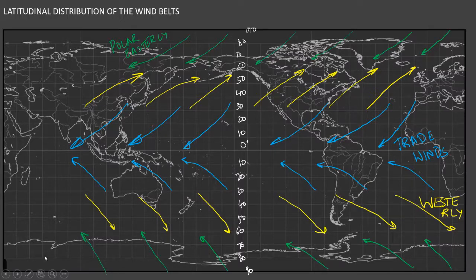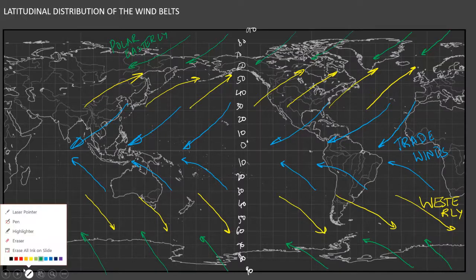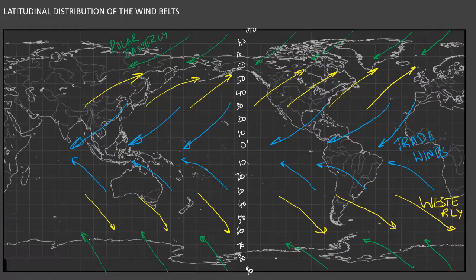Now, if I am to ask you this question, that what do you think, in which direction these winds will drag the water with them? So it is very obvious that the trade winds, they will bring all the water from east towards west side, because they are going towards west, right?